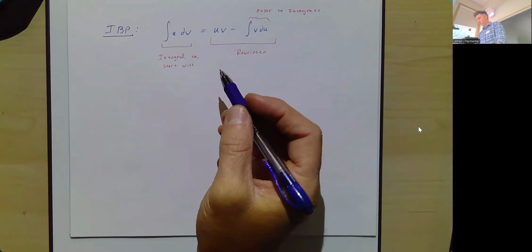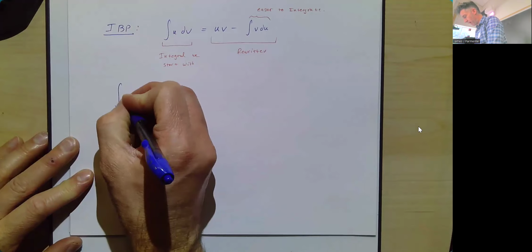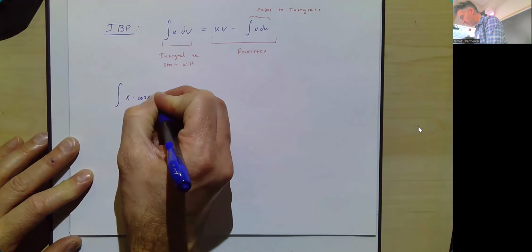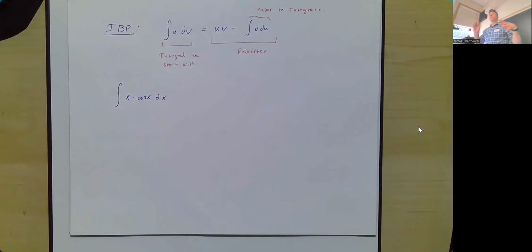So for this example here, the integral of x times cosine of x, we are going to make choices. We're going to say, okay, U is this piece and dV is this piece. And then when we rewrite it this way, the integral part should be easier. So the question then becomes, how do you decide what to pick for U and what to pick for dV?